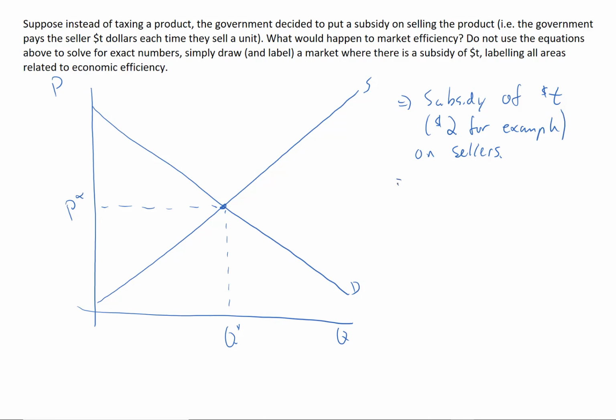So what this is going to do is shift the supply curve down by $T. To be willing to sell the same amount as they were before, they can actually accept $2 less, or $T less, because the government's giving them this $T every time they sell it.